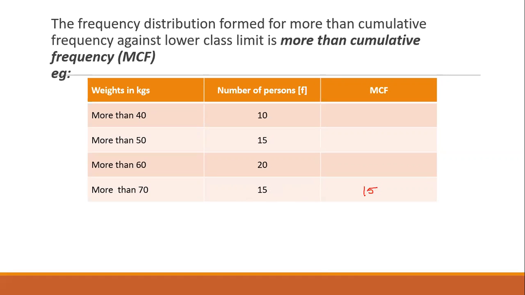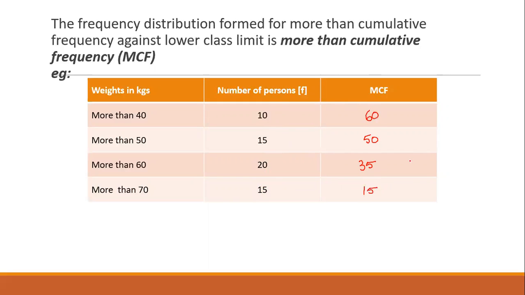You have to add back. That time you will get the more than cumulative frequency, that is 15. First will remain same, and it should come from below to above. 15 plus 20 will give you 35. 35 plus 15 will give you 50. 50 plus 10 will give you 60.